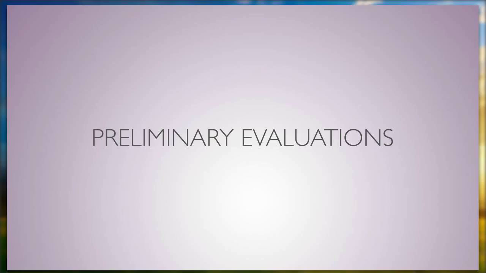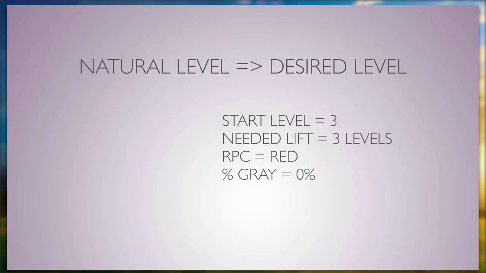One of the things that we really want to start off with is doing a preliminary evaluation on our model or client: what the natural level is, and how we're going to get to the desired level that we want. It's really simple, but we want to make sure that we really follow through on this. So if our start level is a level 3, we need to get 3 levels of lift.